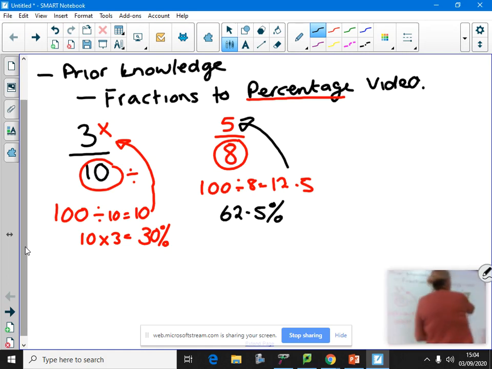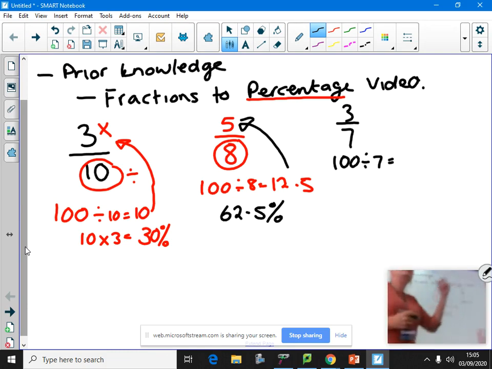So we could have 3/7, and we need to change that to a percentage. Well, how many sevens in 100? So 100 divided by 7 equals, well, 70 is 10, 77, 84, 91, 98.